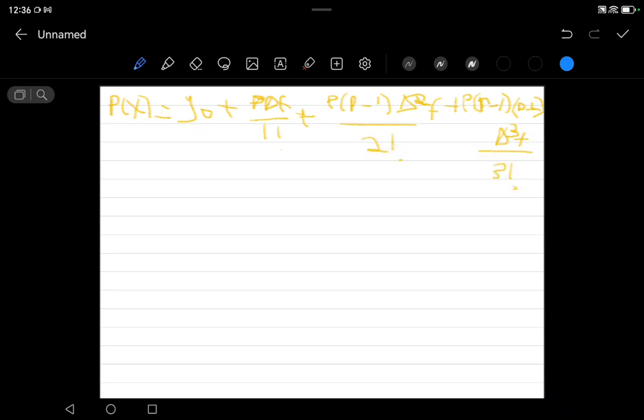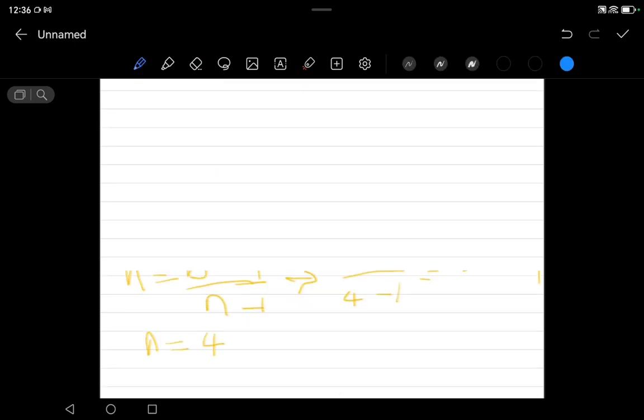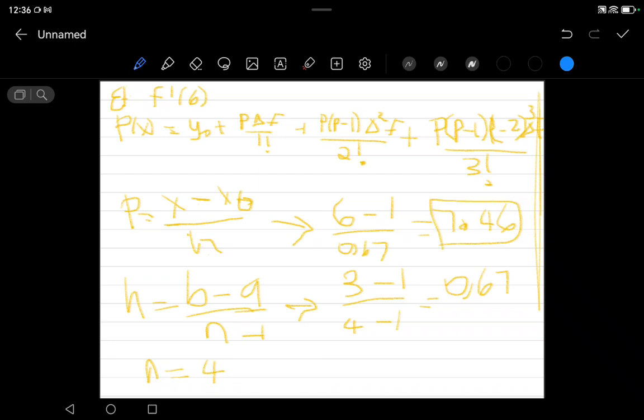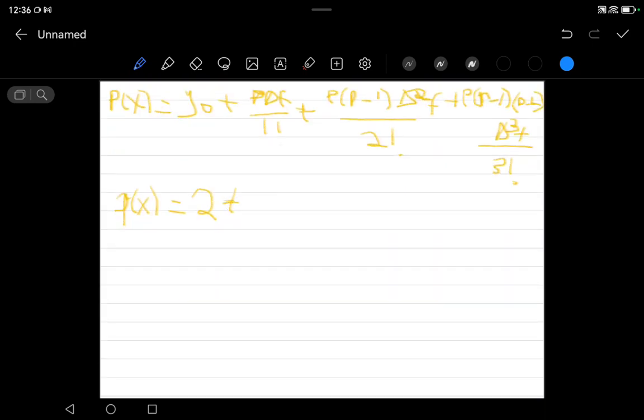So now we're going to substitute. We have p of x equals our y0. Our y0 is, sorry guys, it's 2. So we have 2 plus our p. p is 7.46. Okay, and now here we have change f over 1 factorial. Remember, they want us to estimate f prime of 6.